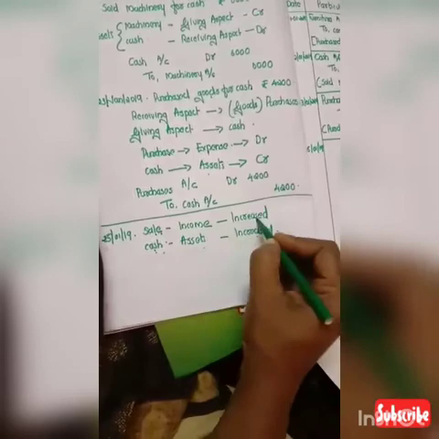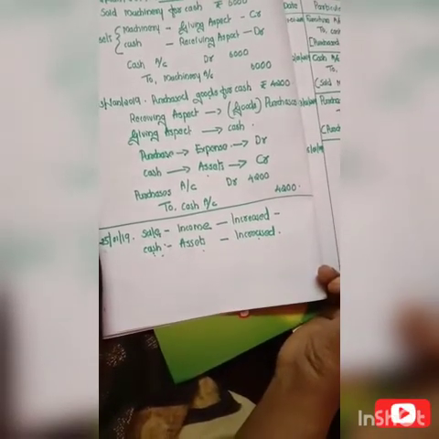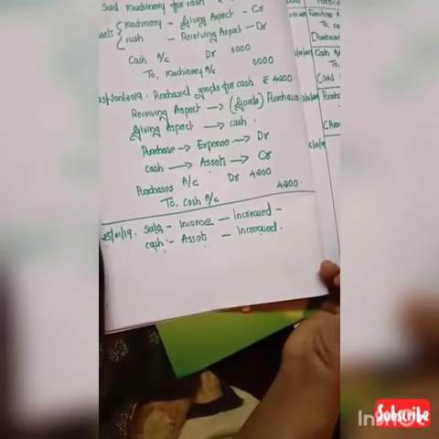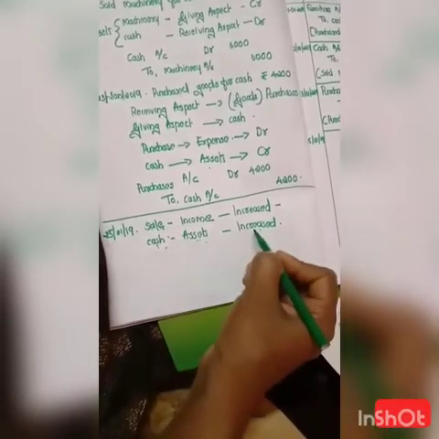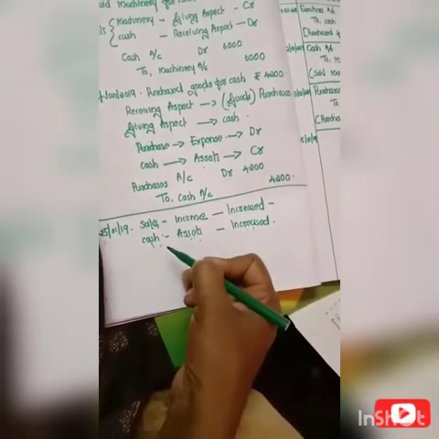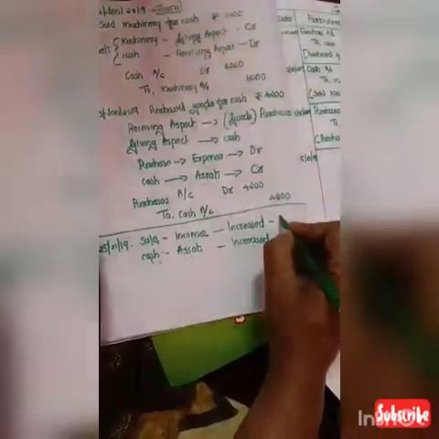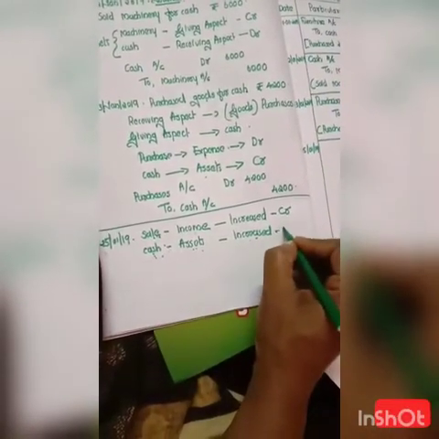Therefore, income increased. What is the rule? For increasing income, we give credit, and for decreasing income, debit. In the case of assets, for an increase in asset, debit, and for a decrease in asset, credit. Income increased, so credit, and asset increased, so debit.